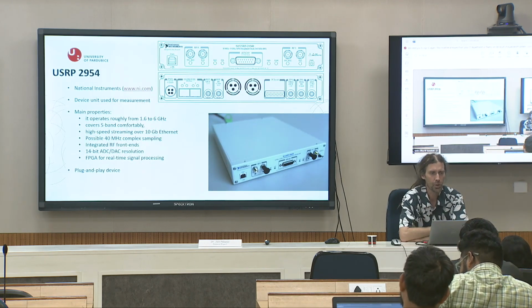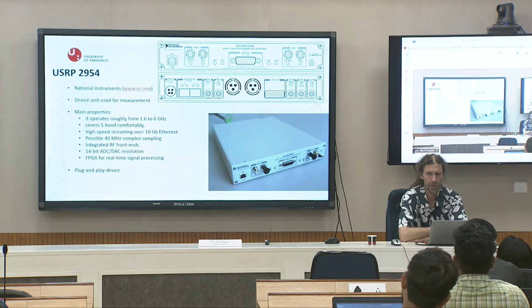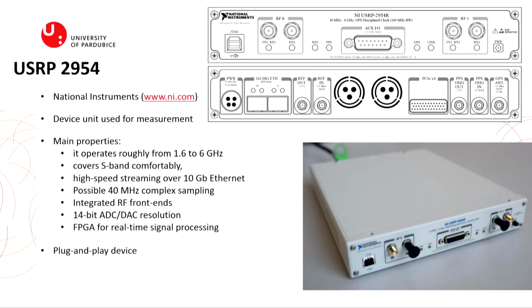Okay, we use USRP 2954. There is a picture of front and back. So this is front, and from the back you can see this one. So there is of course power, 1 gigabit, 10 gigabit Ethernet. Be careful, for 10 gigabit you need a special adapter for connection.